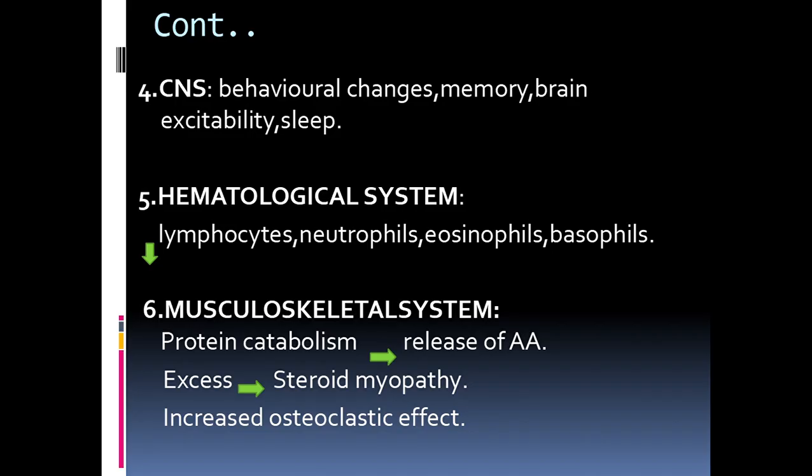In the hematological system, there is a decrease in lymphocytes, neutrophils, eosinophils, and basophils. In the musculoskeletal system, it leads to protein catabolism, releasing amino acids, and the excess amino acids lead to steroid myopathy and increased osteoclastic effect.